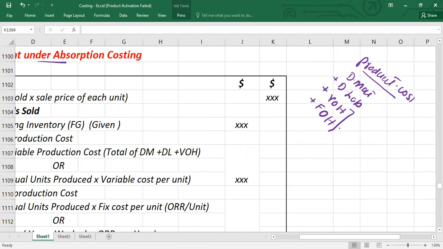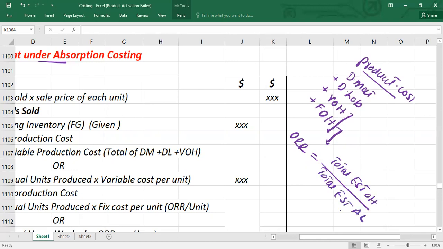And if you remember how we calculate the recovery rate for the overhead, because overheads are always absorbed based on a recovery rate. So the overhead recovery rate, which is also called the overhead absorption rate, is always equal to total estimated overhead cost divided by total estimated activity level.